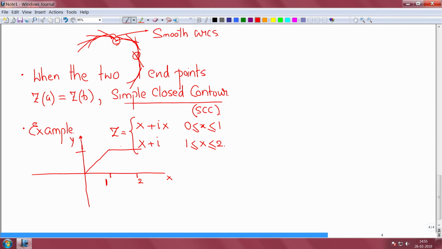So this is an example of a simple contour. This part is differentiable, it is a smooth arc, this part is differentiable, it is a smooth arc, and we have joined them end to end, so it is a simple contour.